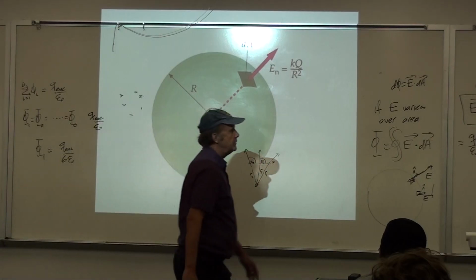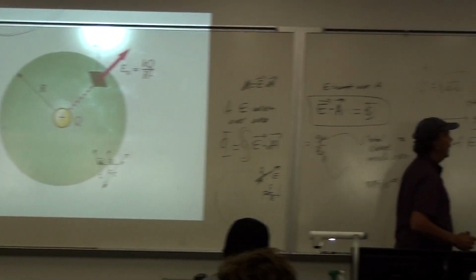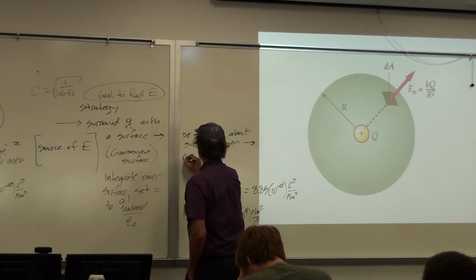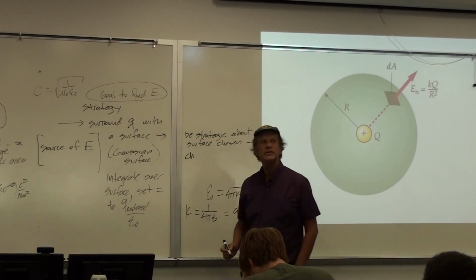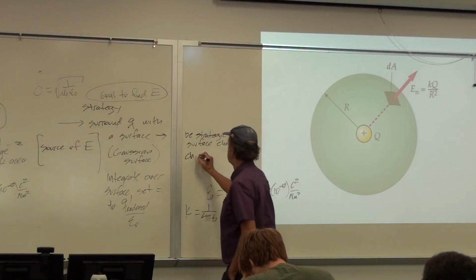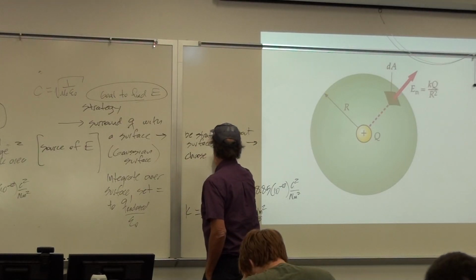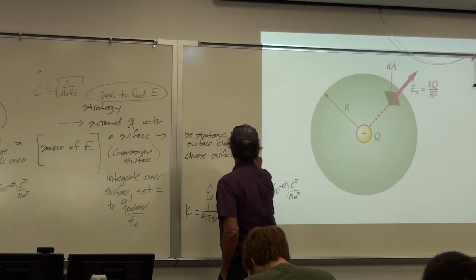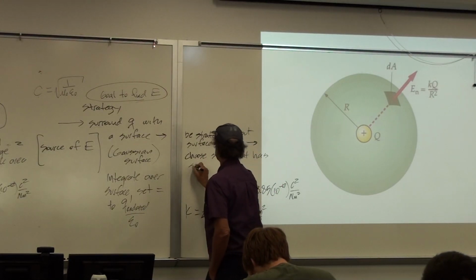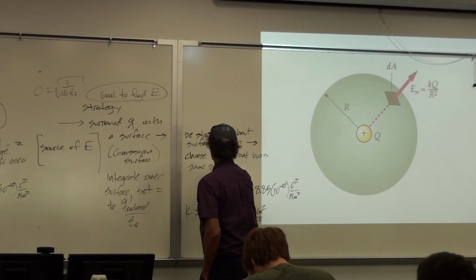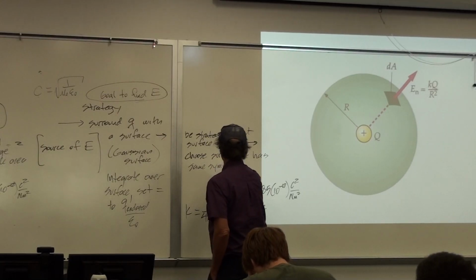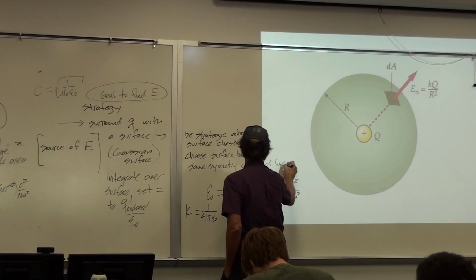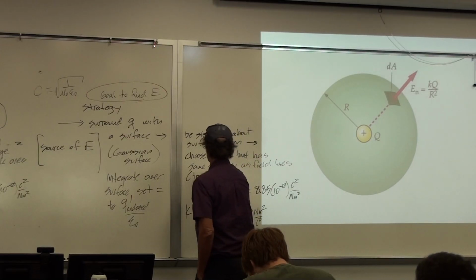So when I say, be strategic about which surface you choose, what I mean is choose a surface that has the same symmetry as the field lines. And this gives you a trivial integration.